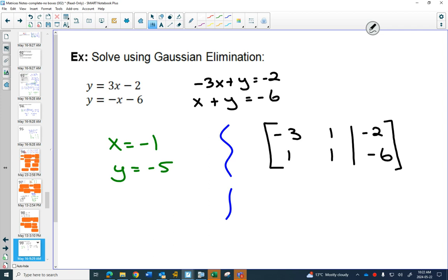I have a column that's just x's, a column that's just y's, a column that's just answers. Your goal is to get a 0 in that bottom corner.